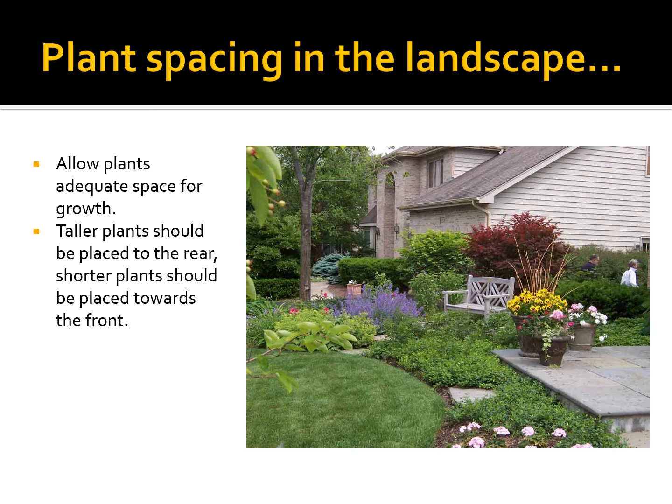If you look at this picture, you can see a taller red shrub, I'm not exactly sure what that is, in the background close to the garage. Then you have shorter shrubs in front of that. And finally, out in front, you have hostas and other ground covers and annual plants, which would be the shortest plants. So the tallest material in the back, the shortest material in the front.